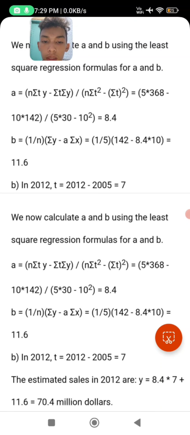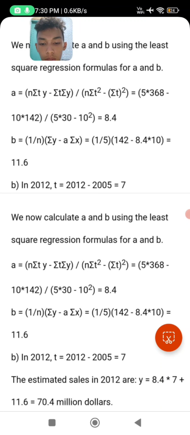We now calculate a and b using this formula. a equals n times the sum of t and y scores minus the sum of t scores times the sum of y scores, over n times the sum of t squared minus the sum of t scores squared, equals 5 times 368 minus 10 times 142, over 5 times 30 minus 10 squared, equals 8.4. b equals 1 over n times the sum of y scores minus a times the sum of t scores, equals 1 over 5 times 142 minus 8.4 times 10, equals 11.6.